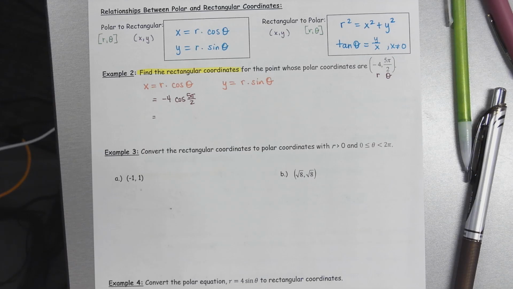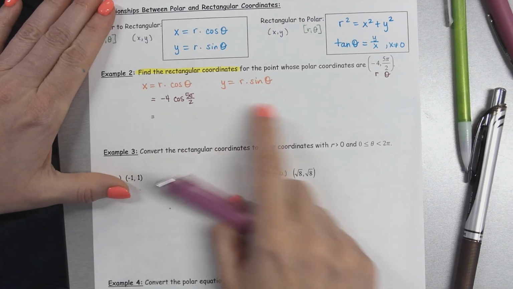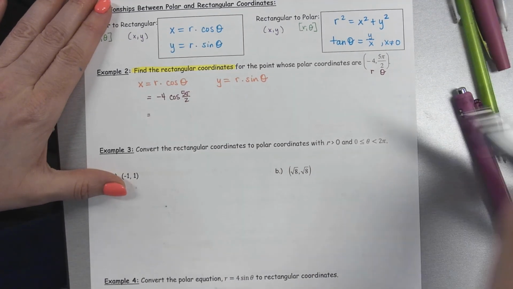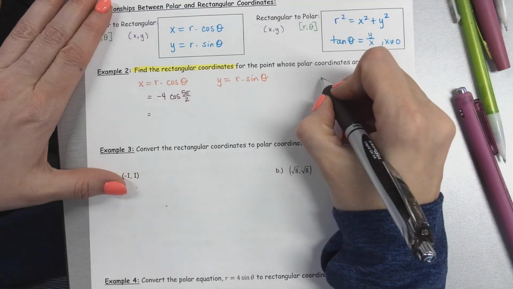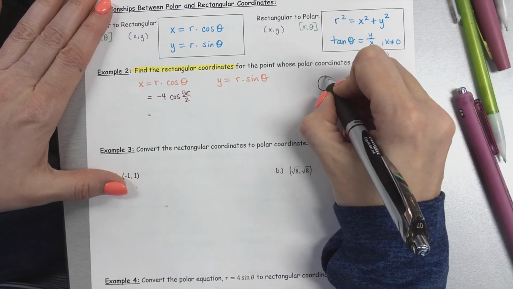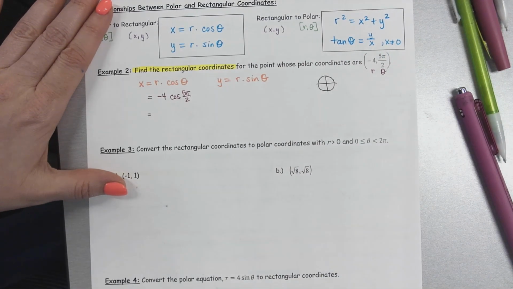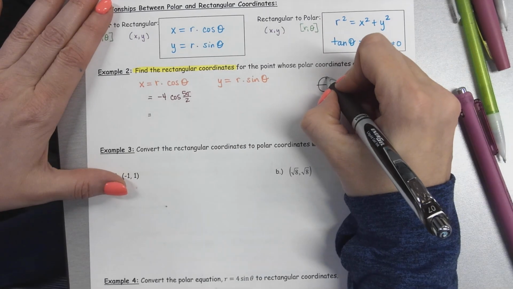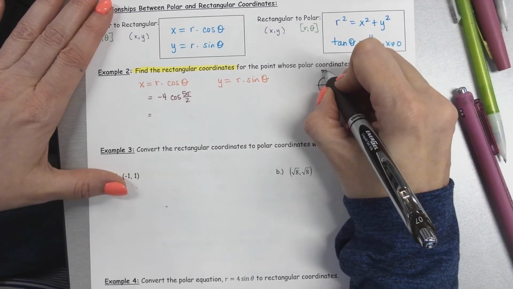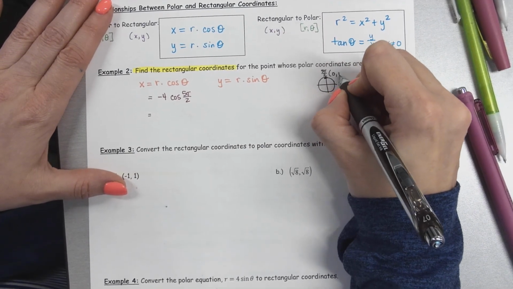Yeah, plug in the values from your unit circle. So if you have 5 pi over 2, right, think about what that's equivalent to on the unit circle. 5 pi over 2 is the same place as what? Pi over 2. Yep.